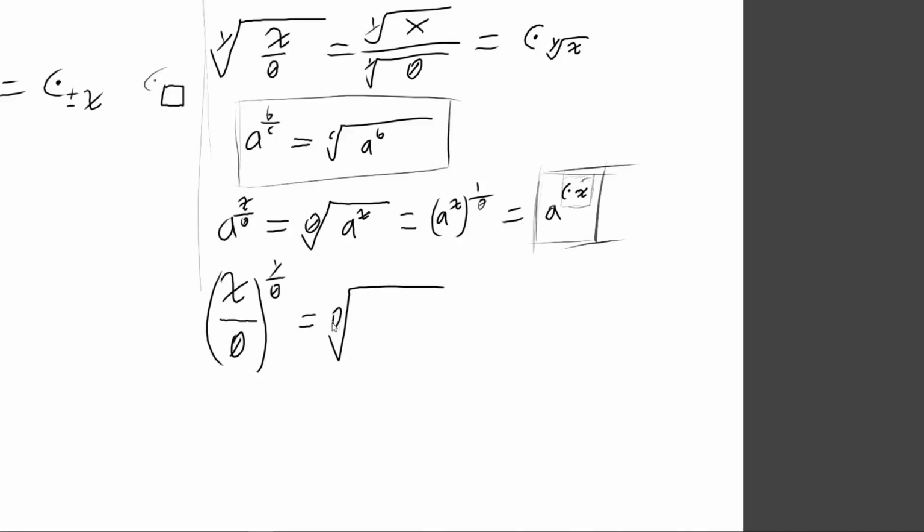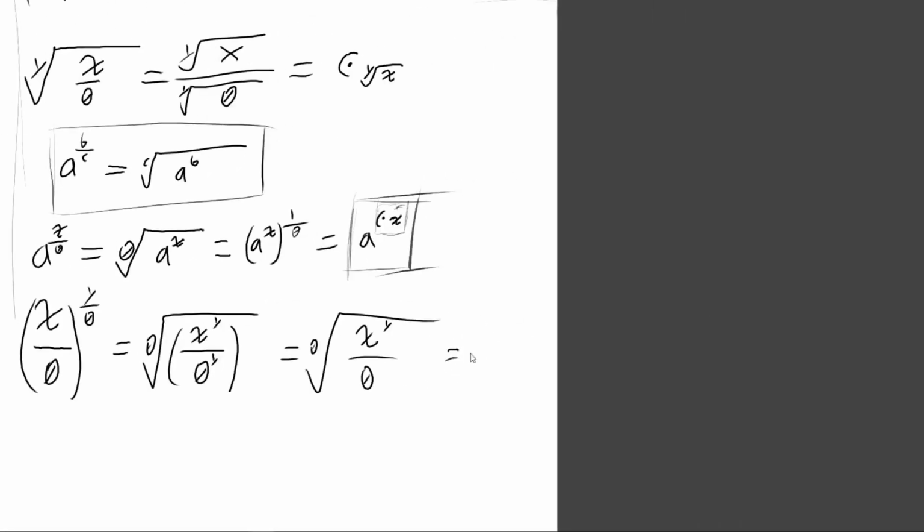The 0th root of x to the y over 0 to the y, with 0 to the power of y, like so. And this, of course, equals the 0th root of x to the y, or x to the y over 0, which in turn gets us right back out c times x to the power of c times y.